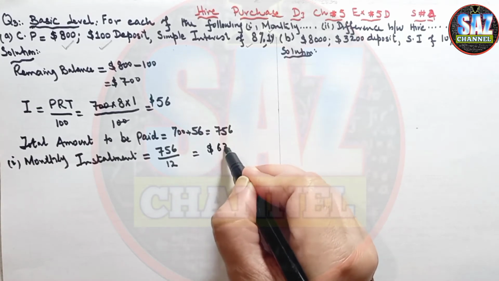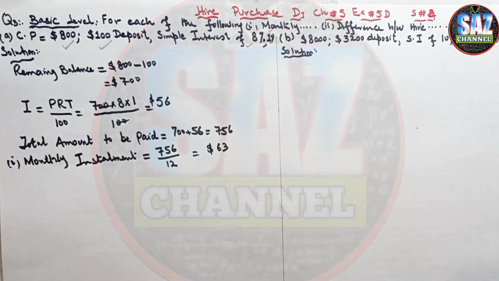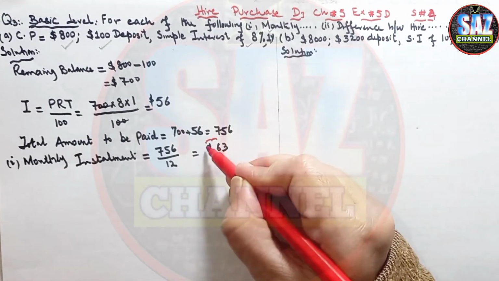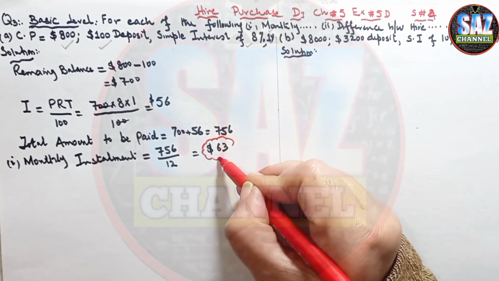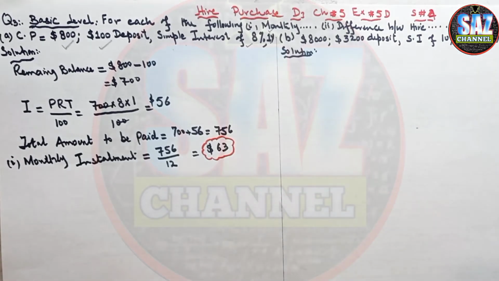So $63 is the amount that I have to pay to the shopkeeper every month, with the interest rate 8%. I hope you are clear about how we are finding the monthly installment.